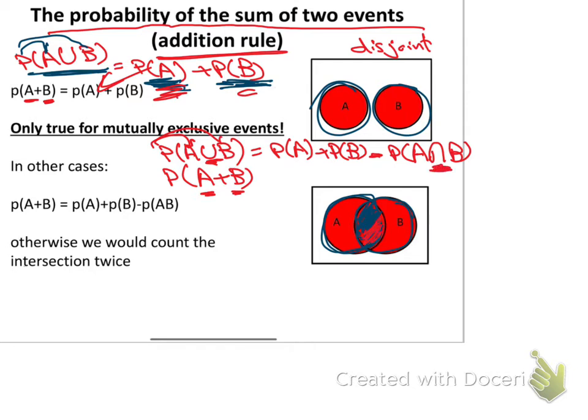The intersection, this area, has already been counted one time with A, so we cannot count it again with B. So it will be the probability of A plus the probability of B minus the intersection.